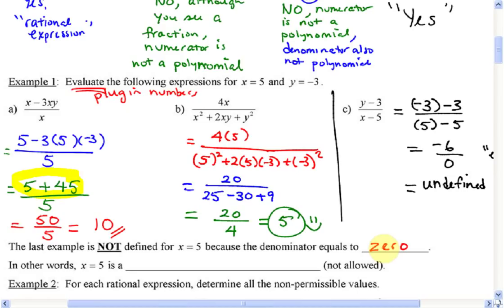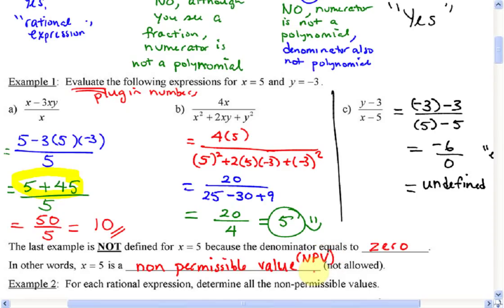So what we have here is a special term. In other words, x equal to 5 is what we call a non-permissible value. Non-permissible means it's not allowed. Doesn't work. Doesn't make sense. By the way, sometimes I'll use NPV for non-permissible value.